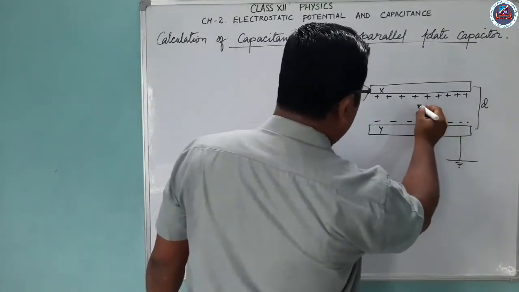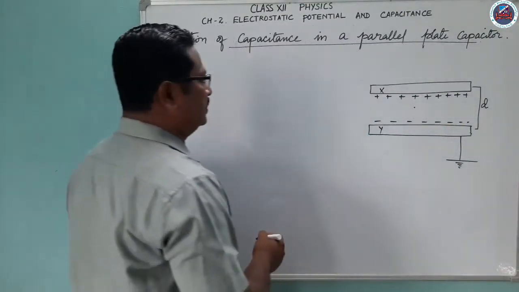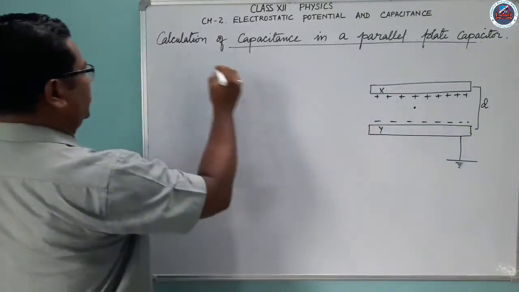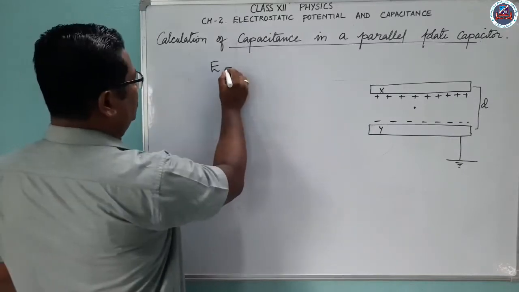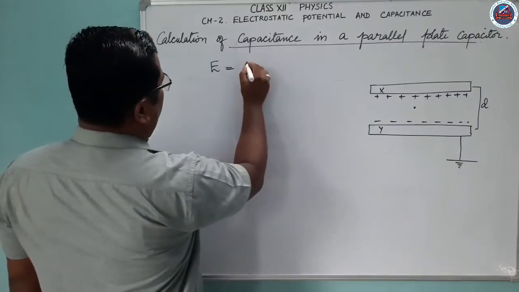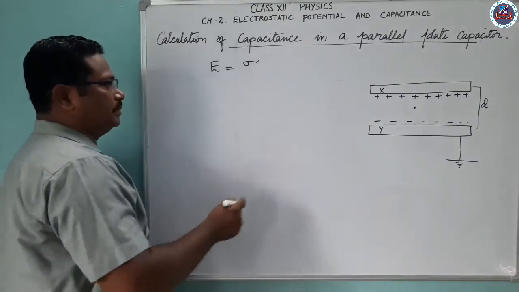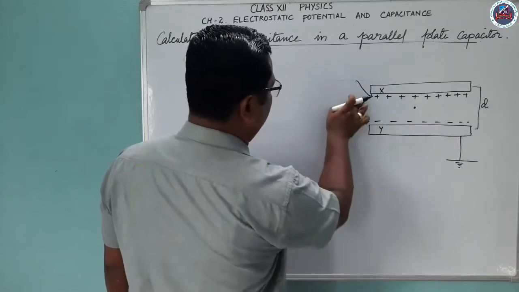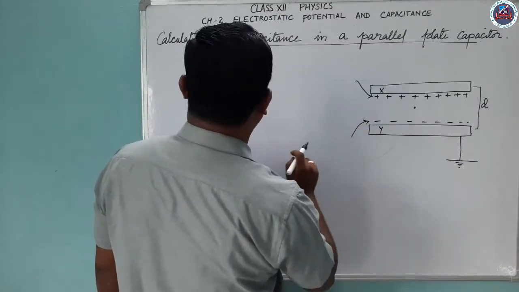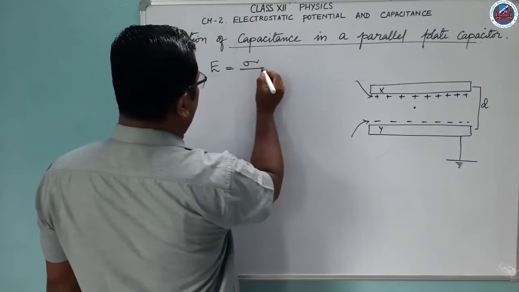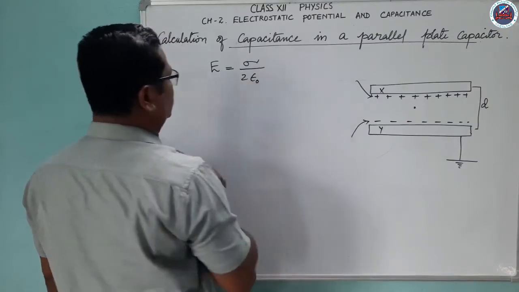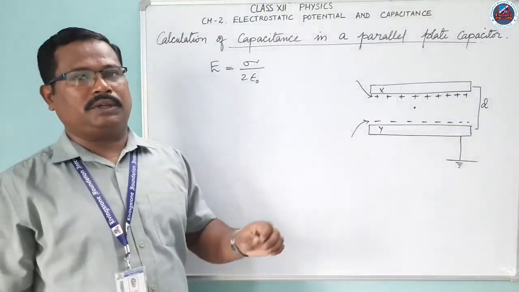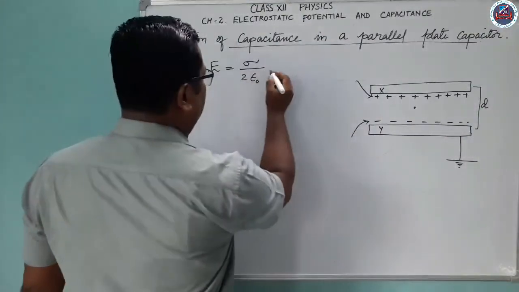Then the electric field intensity inside the capacitor, in between the plates, can be expressed as E equal to sigma, the surface charge density, divided by 2 epsilon naught. We did this in the application of Gauss's theorem. This is for one plate.